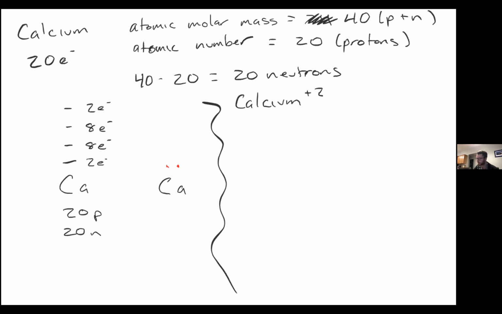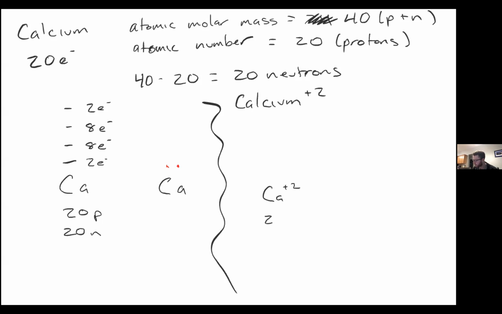Now we will do it for the calcium cation, plus 2. Remember, when it becomes positive, it is a cation because it's giving away its electrons. Electrons are negative, so if you give away something negative, you become more positive. We'll have calcium plus 2.